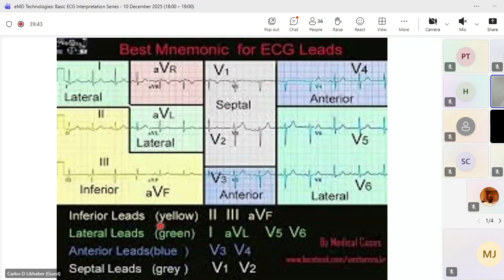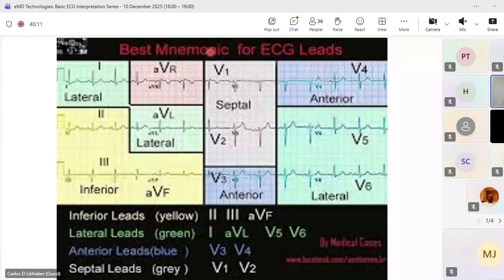And here you have something that describes it very nicely. Lead 1 and AVL are the ones that I see from the balcony of the first floor on the left. That is lateral. And V5, V6 is also lateral.